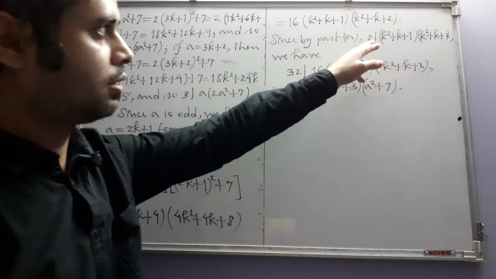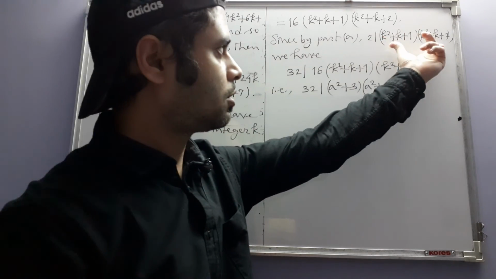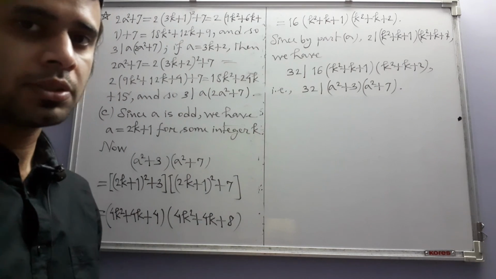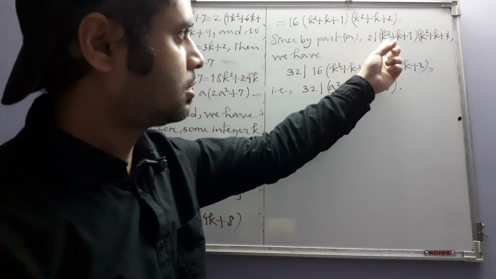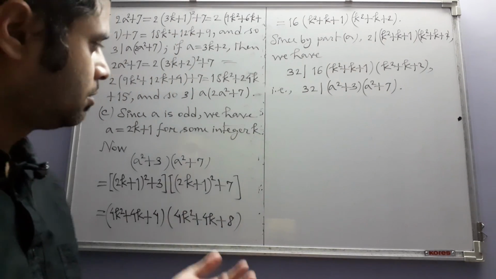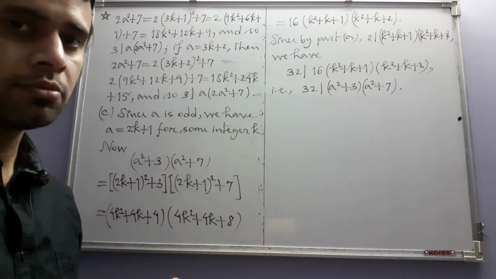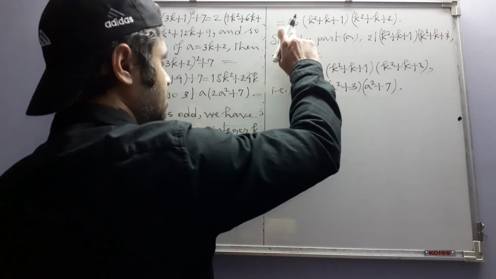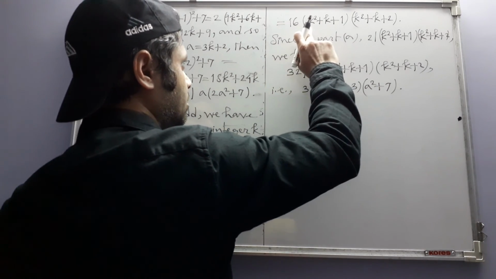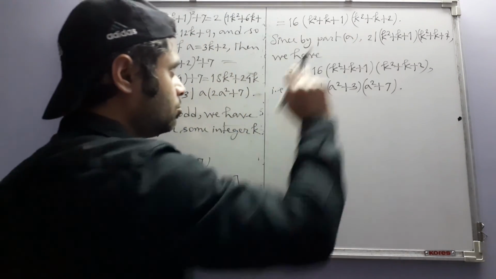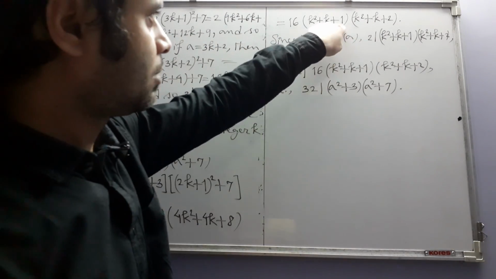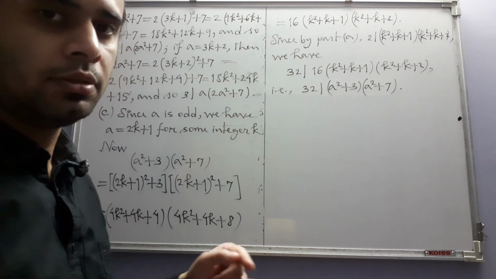note that here this product is of the form a times a plus 1, where a is k square plus k plus 1. We have already seen that that is always even. So besides this 16, you can find a 2 here, because one of these integers will be even.